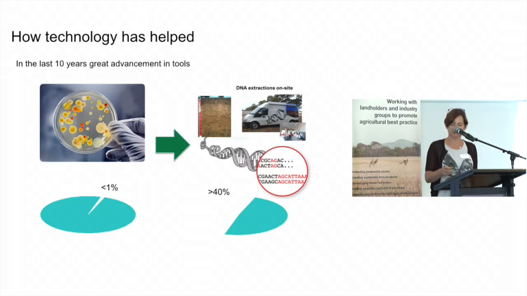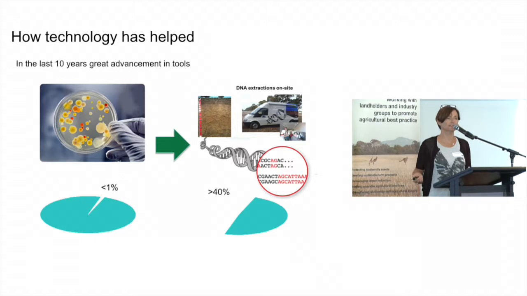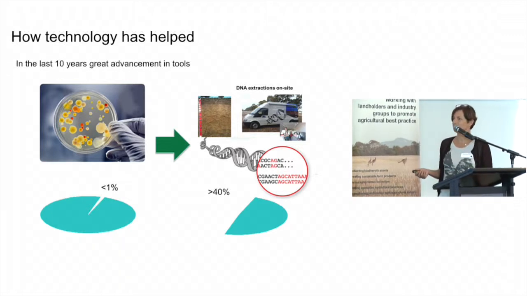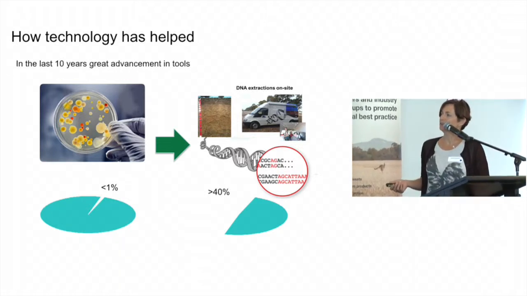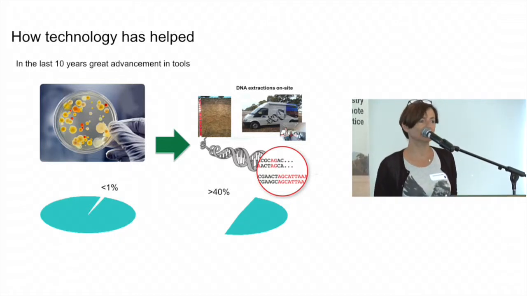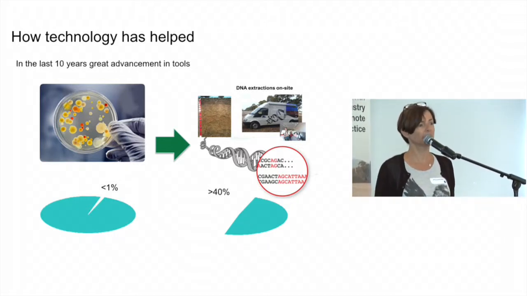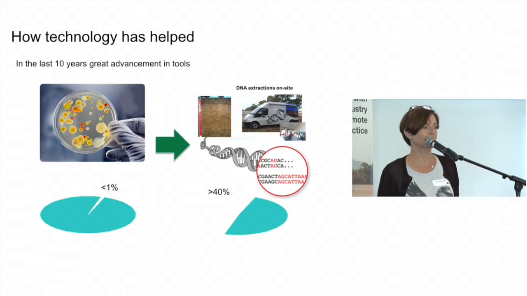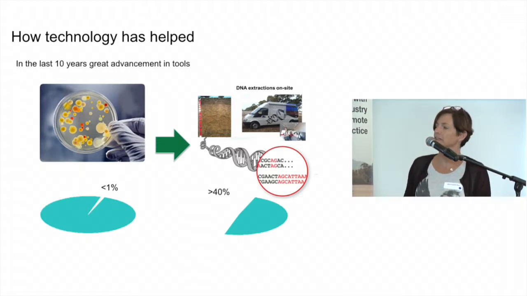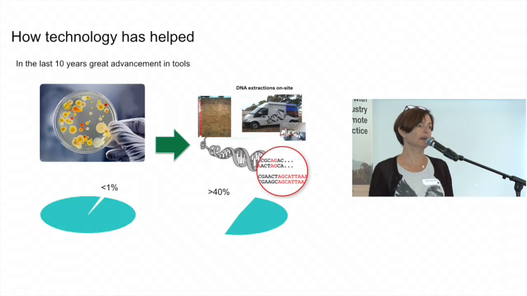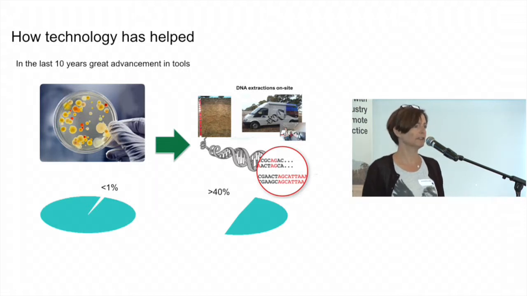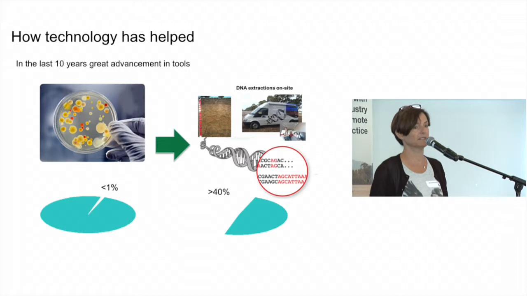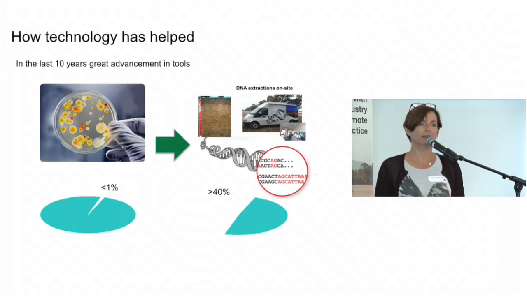So basically, in a short period of time, we've gone from looking at things on agar plates, so artificially developed agar growth media, through to extracting DNA directly from the soil on site and then assessing the DNA, so decoding its DNA and having a look at what genes are present, which informs us about what that organism does in that system. Very powerful technology.